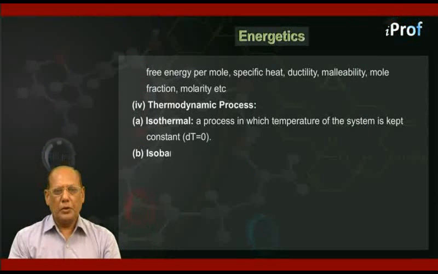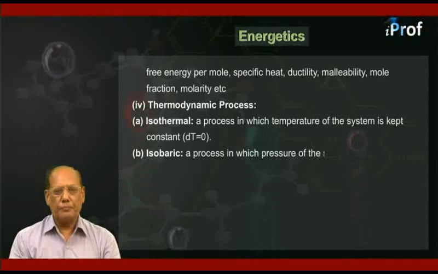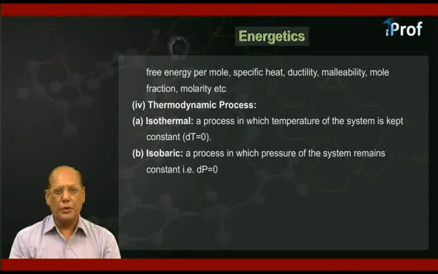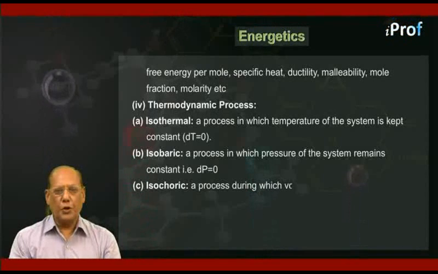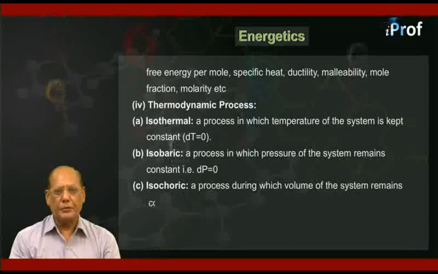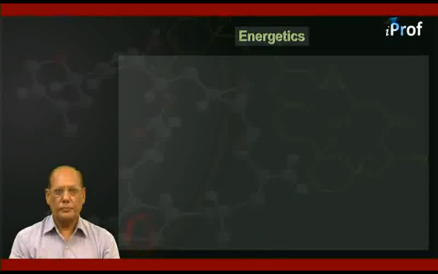B. Isobaric, a process in which pressure of the system remains constant, that is dP equal to 0. C. Isochoric, a process during which volume of the system remains constant, that is dV is equal to 0.